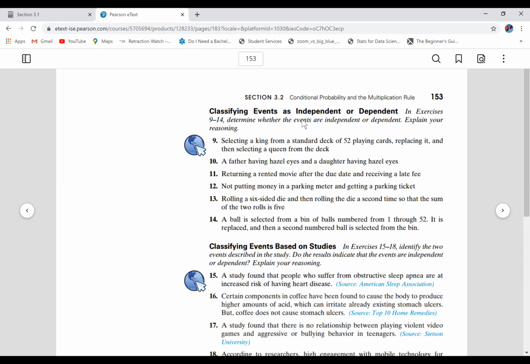Because the first time you're selecting out of 52 and the second time you're selecting out of 52 again. It's not like the standard deck of cards where I kept the card outside and I didn't put it back. Here you put it back. Replace means you put it back. So that means the two events are independent. Okay.